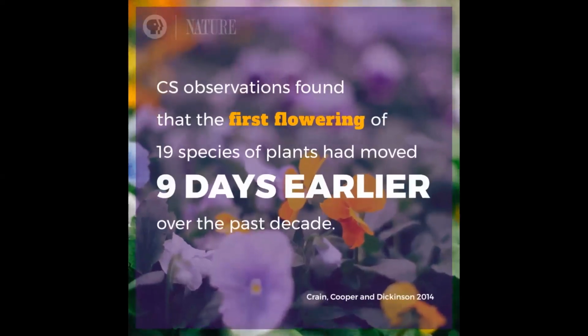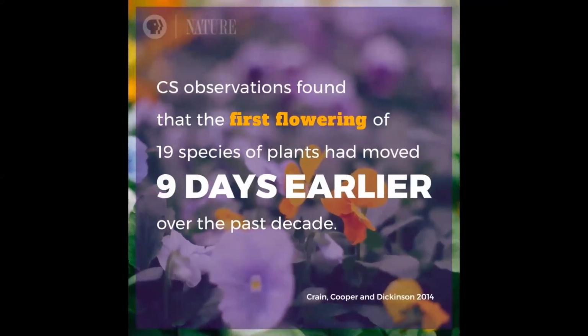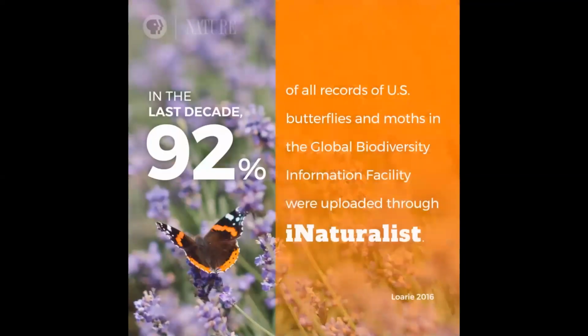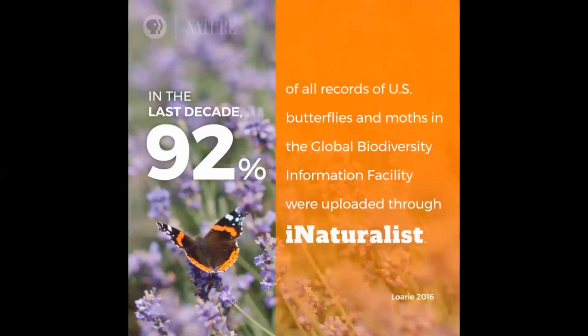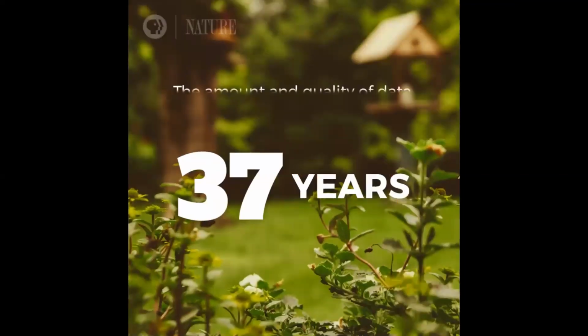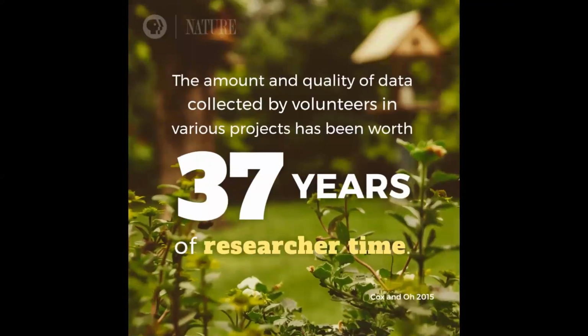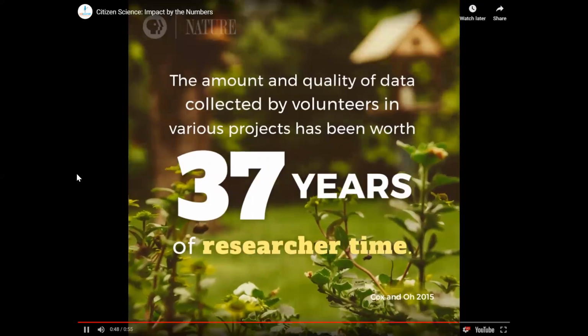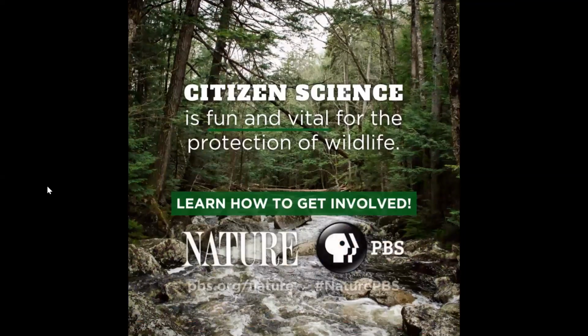We're also able to understand the change in seasons because of citizen science, people contributing to projects like Nature's Notebook. iNaturalist, that's a huge one. 92% of records of butterflies and moths come from iNaturalist, people uploading their data to iNaturalist. And we're saving researcher time too.